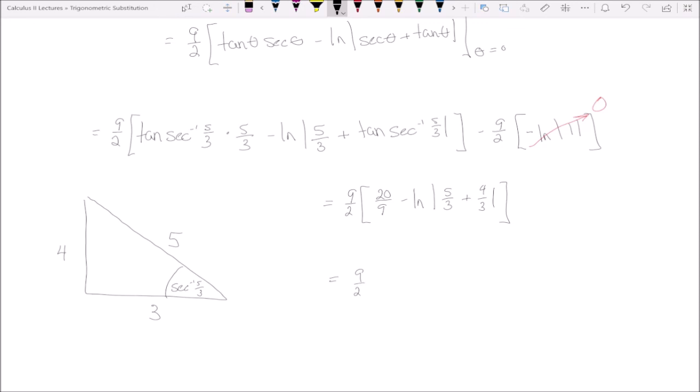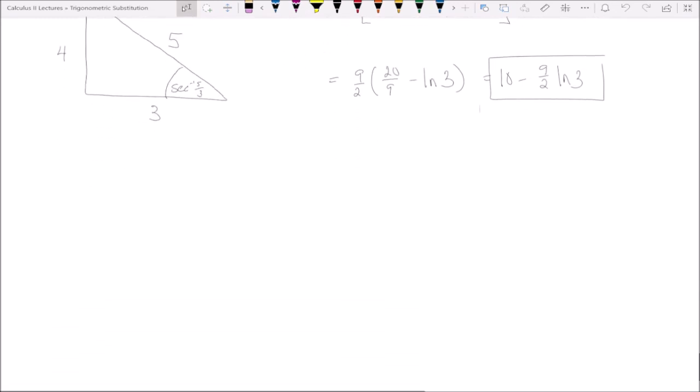So we get 9/2 the quantity, 20 over 9 minus natural log of 3. Distribute that 9/2 through. 10 minus 9/2 log of 3. Okay.